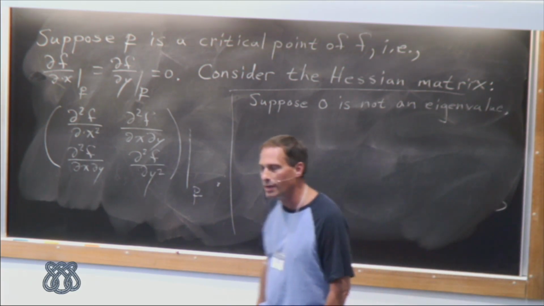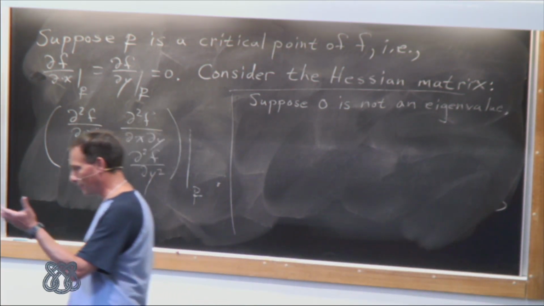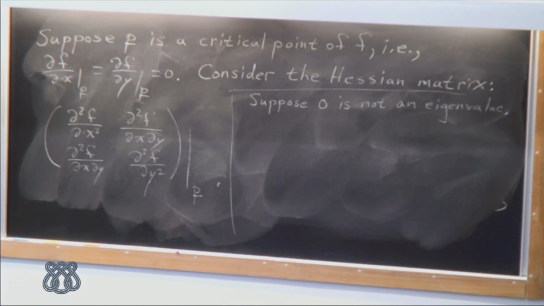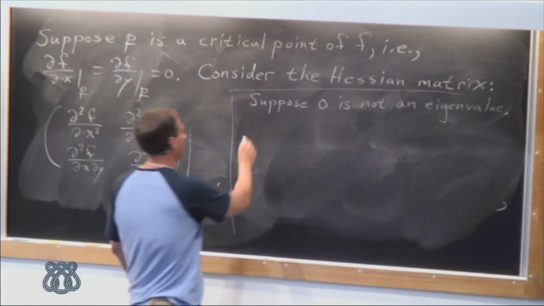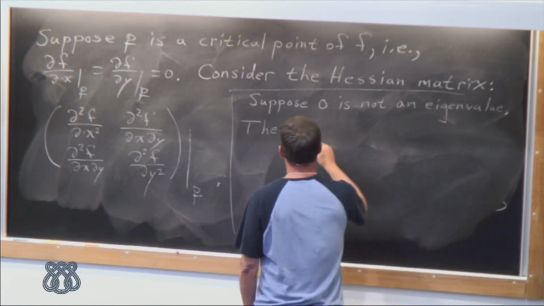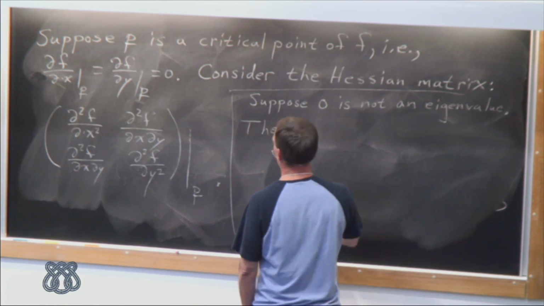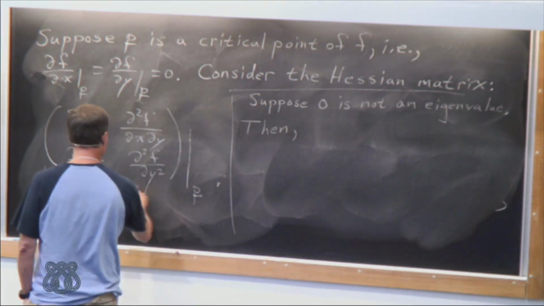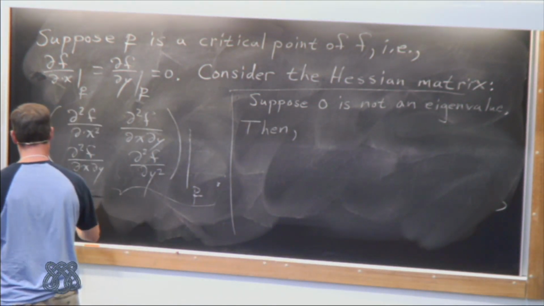Well, then there are three cases. The eigenvalues are both positive, where there could be one repeated eigenvalue. They're both positive, they're both negative, or they're of opposite signs. Then, let me call the eigenvalues lambda 1 and lambda 2.